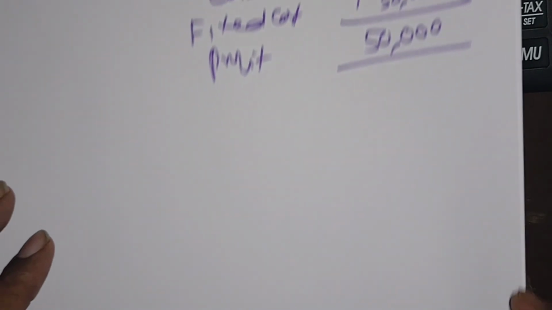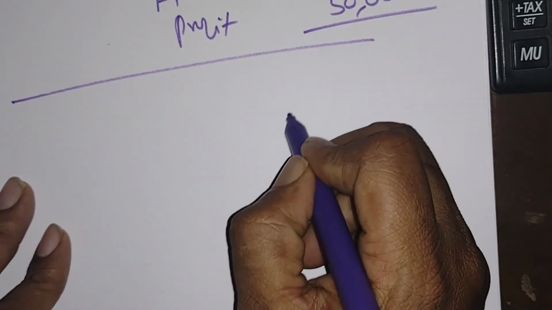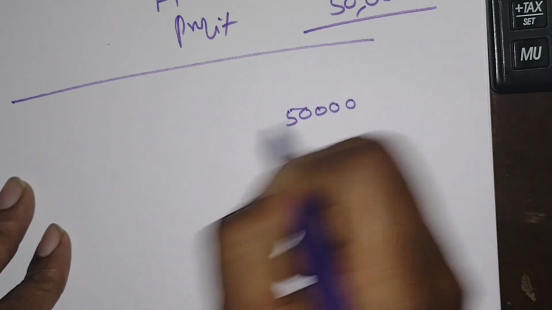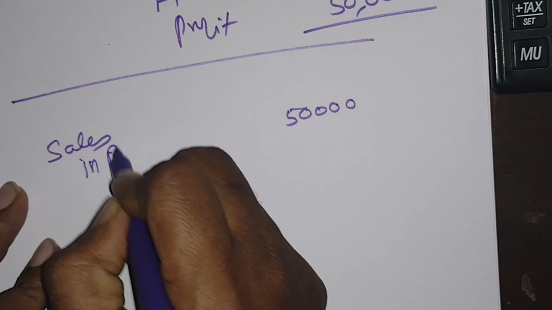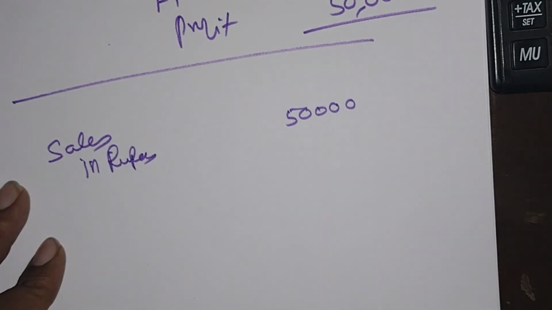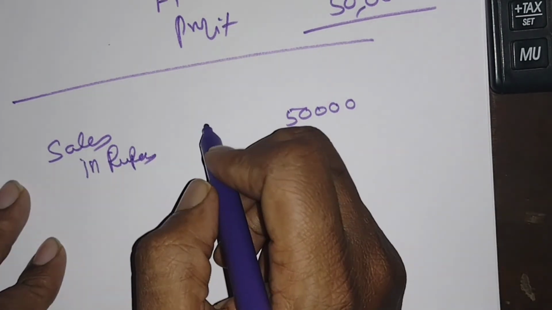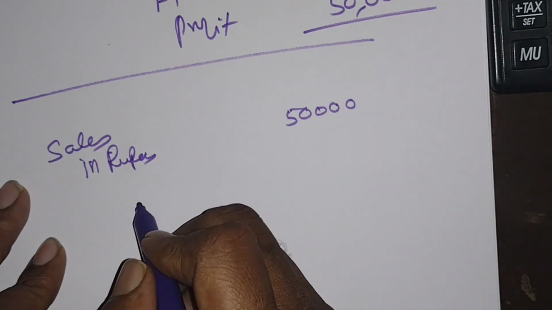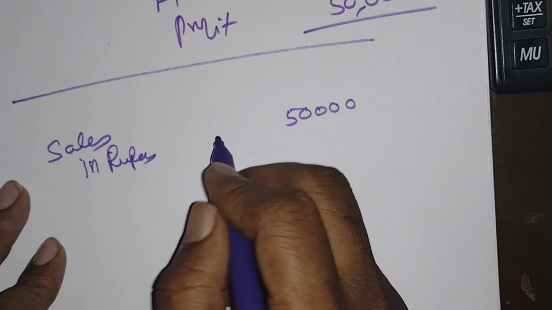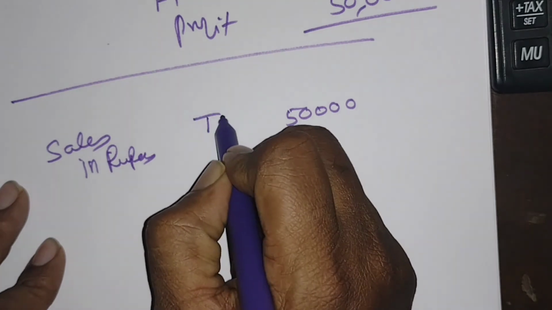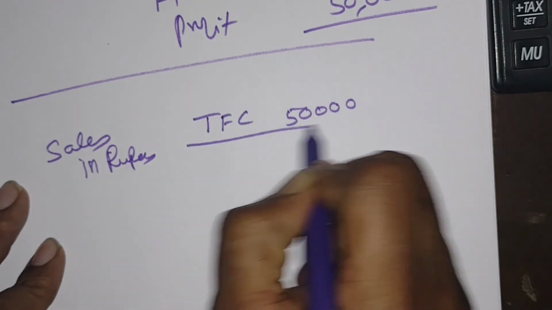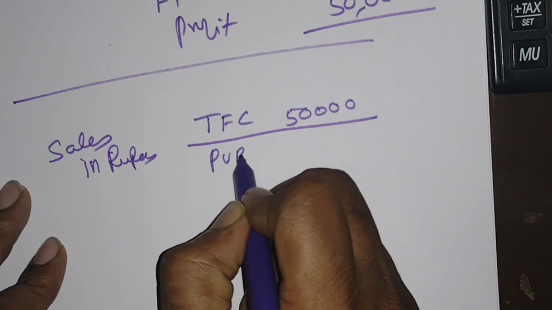Now the next formula I am going to explain is this: expected profit is 50,000, so what should the sales be in rupees? For that, what formula do you apply? BEP in terms of rupees: total fixed cost plus expected profit, divided by PV ratio.